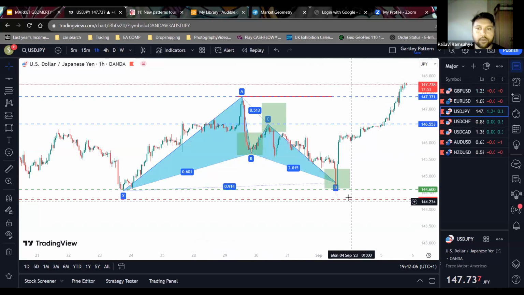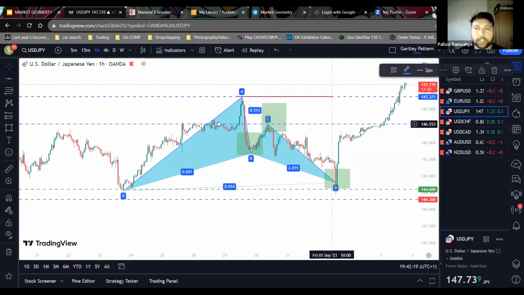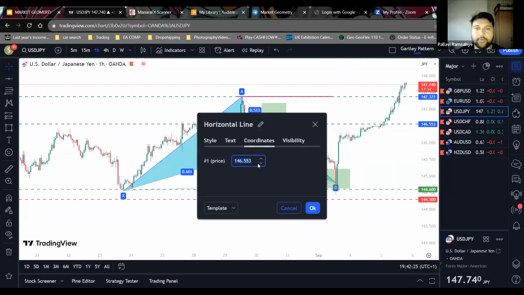That would be your round numbers. So you've entered at 144,600. You place your stop loss at 144,300. Okay. You can also round up these take profit levels. You can round it to 500 to keep things simple.